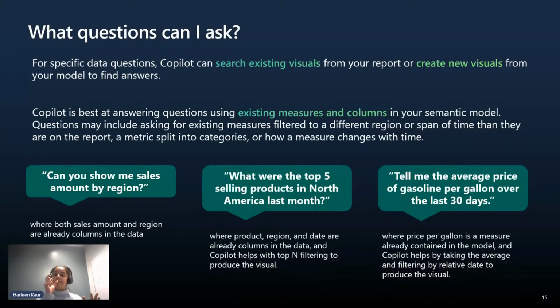Now here, price per gallon is actually a measure that you had created and is stored in your model. Copilot will take the average and will filter it by the relative date to produce the visual over here. Copilot is not doing calculations on the fly. Since the measure was already there, it actually used that measure.